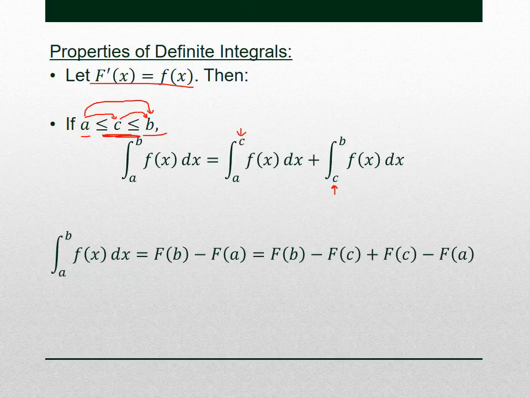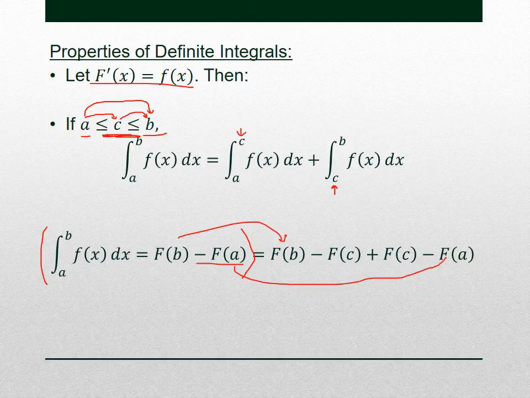And the reasoning behind that, with this fundamental theorem of calculus, again, this is just the original statement of the fundamental theorem of calculus. And then I brought that f of b along and that negative f of a along. And then in between, I've just added and subtracted f of c. So that's just writing down plus 0.